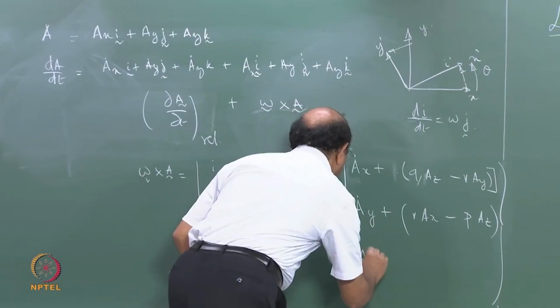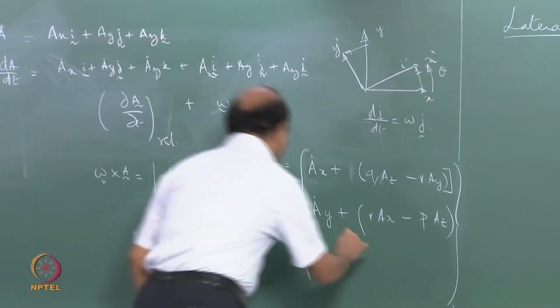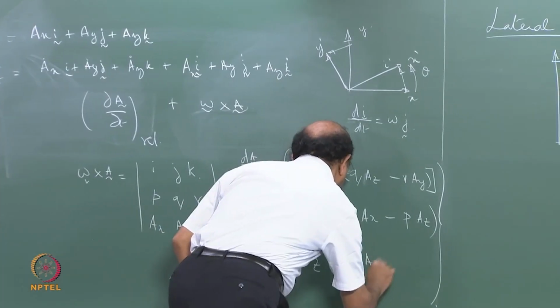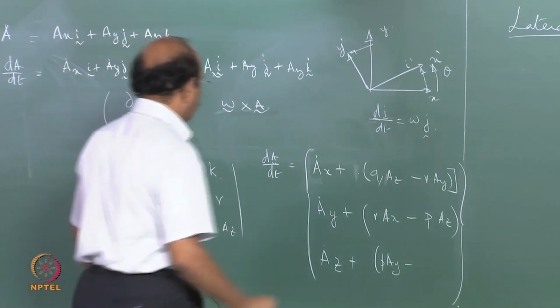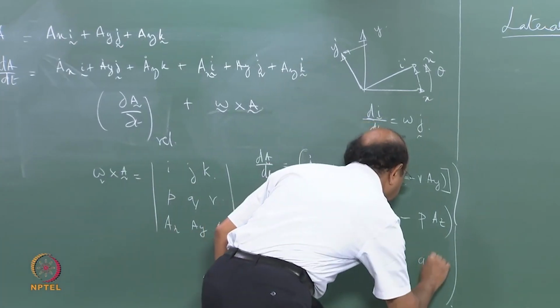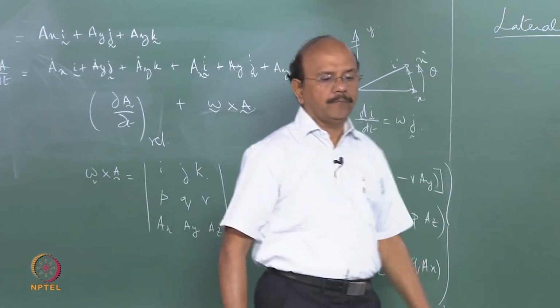And Ȧz plus P Ay minus Q Ax. So that is dA by dt.